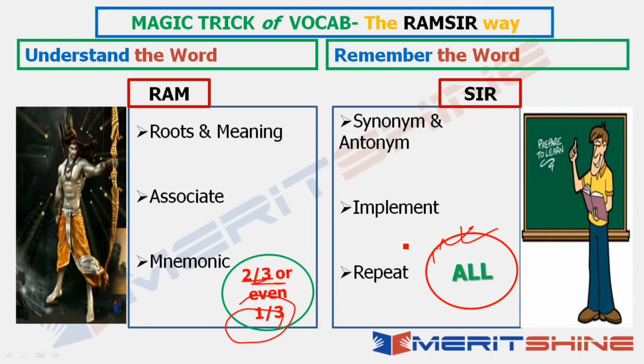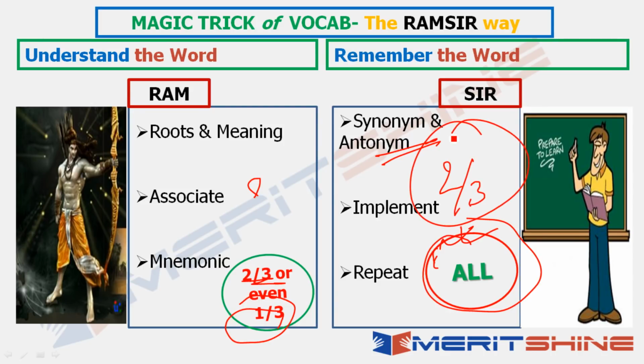In the phrases segment, because I told you we will learn phrases or idioms too, out of all the activities you might not get synonyms and antonyms, because synonyms and antonyms of phrases might be unavailable. In that case, 2 out of 3 activities in SIR would do. But in words, all activities of SIR.